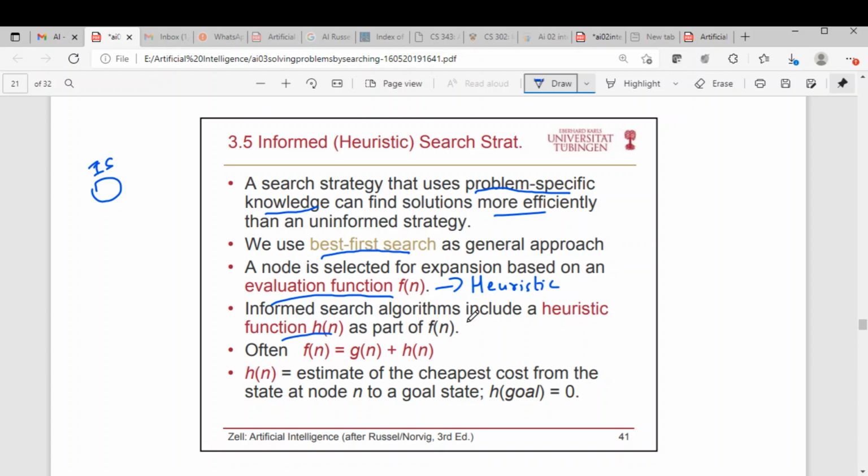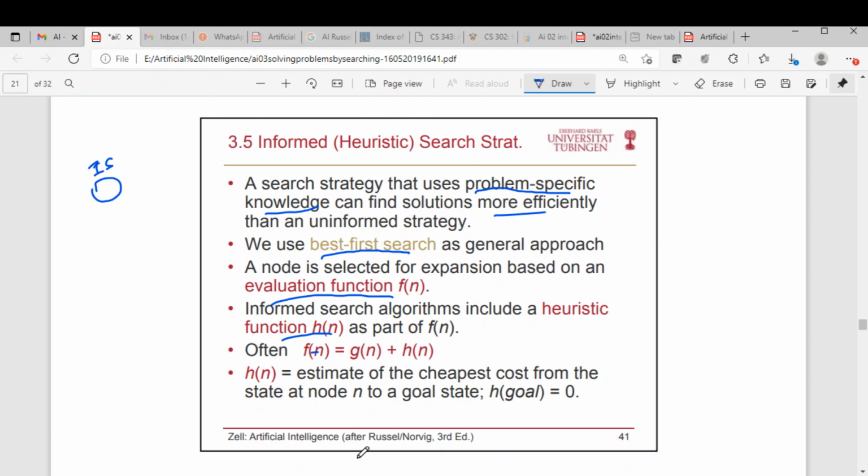One is the evaluation function, which is different from the heuristic function. The informed search algorithm also includes a heuristic function h of n, and this heuristic function is a part of the evaluation function.